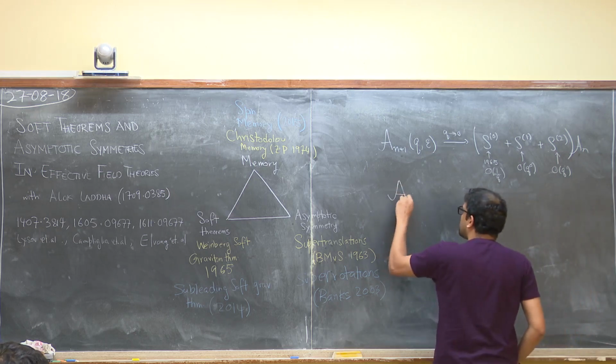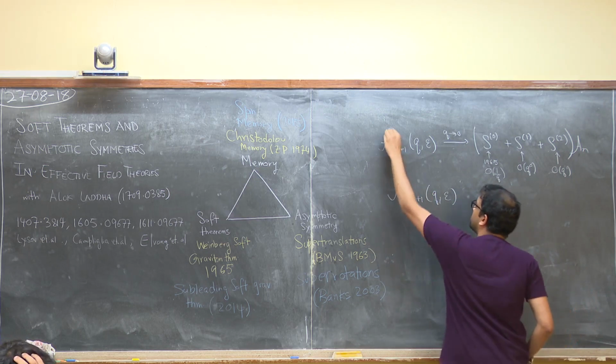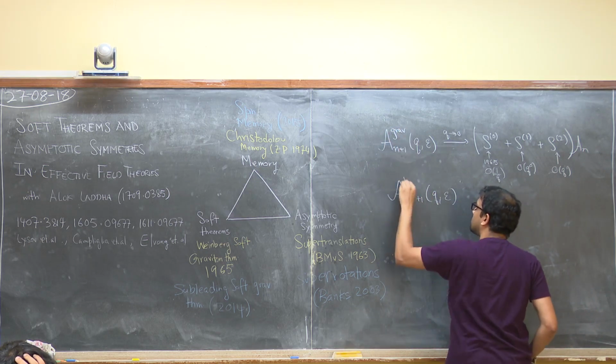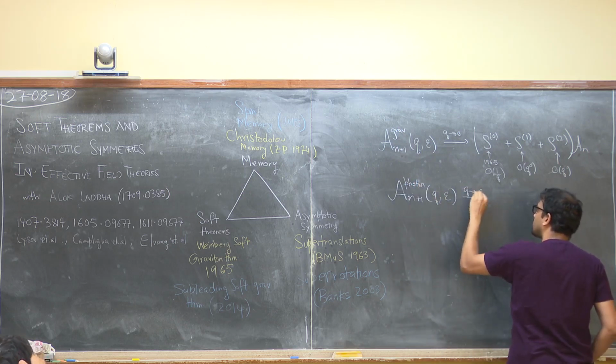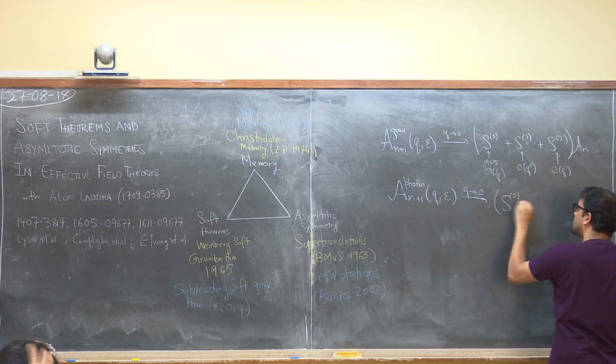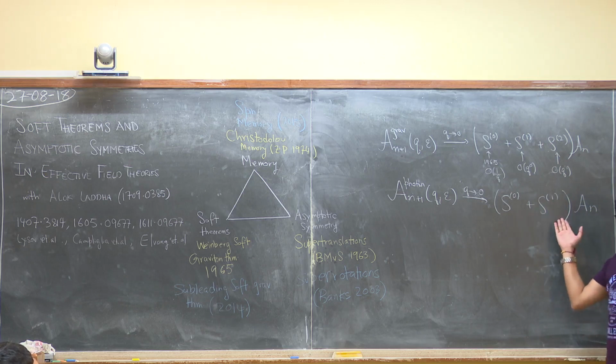The analogous structure also exists for photons. So let me write. And here, in the case of photons, it stops at order S1. There's no S2. There's no factorization that goes beyond this.